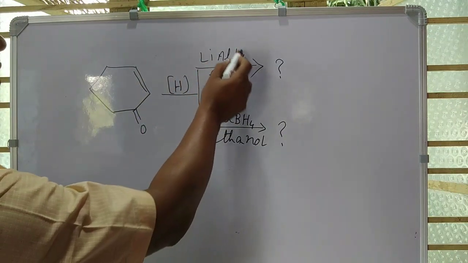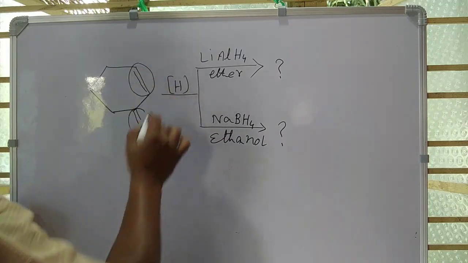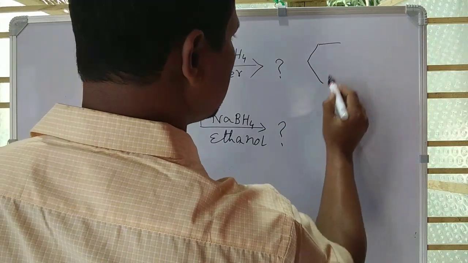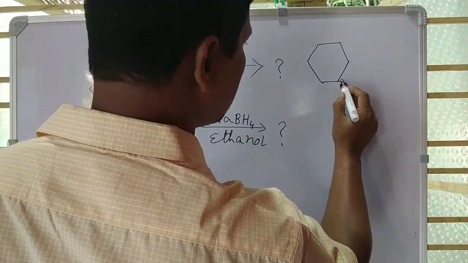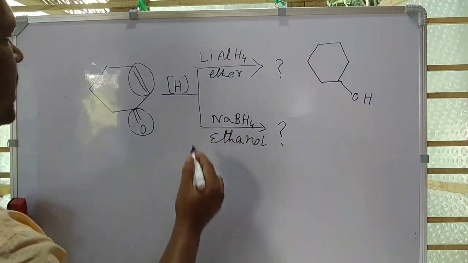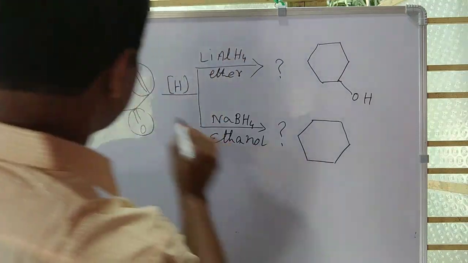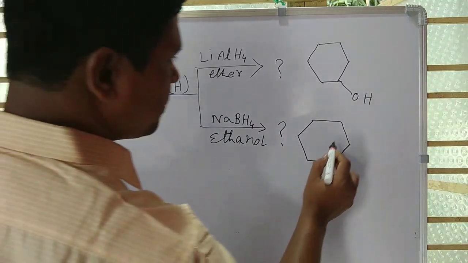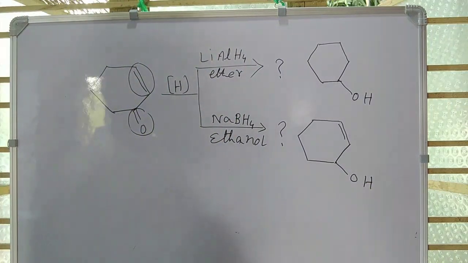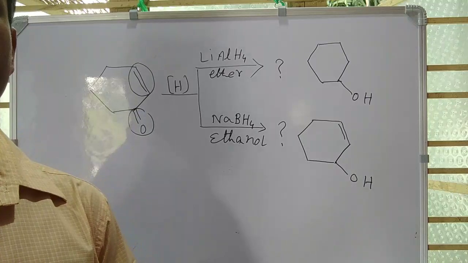Since it is a strong reducing agent, this keto part as well as this double bond will get reduced. So we get the product here. But when we treat it with NaBH4, this double bond will remain unaffected. So therefore we get the product. So this is the difference between lithium aluminum hydride and NaBH4.